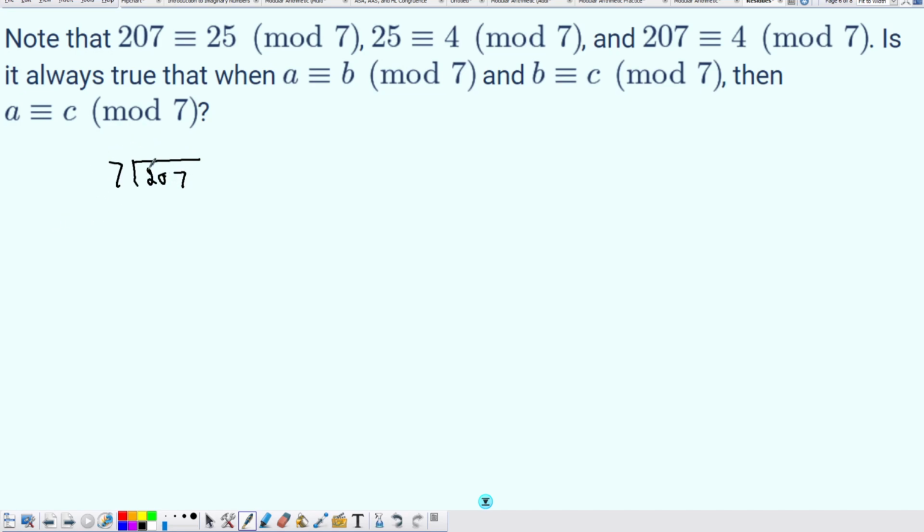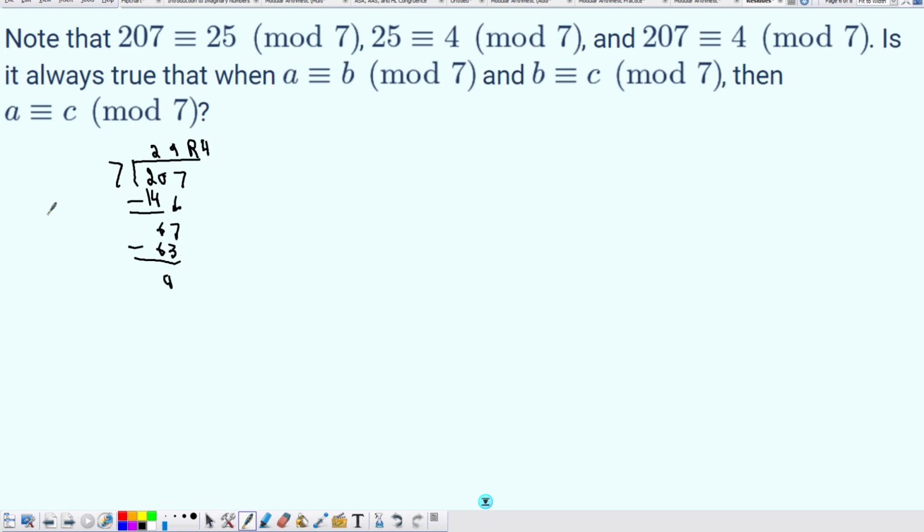Well, 7 goes into 20 twice with a 14, which gives us 6, drop the 7. That would go in 9 times, which would be 63. And 67 minus 63 is 4, so we have 29 with a remainder of 4.